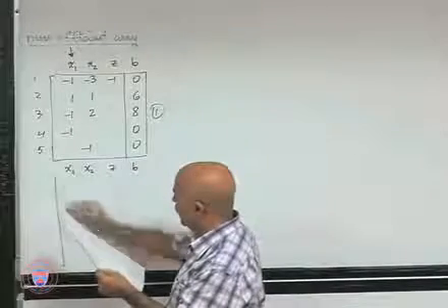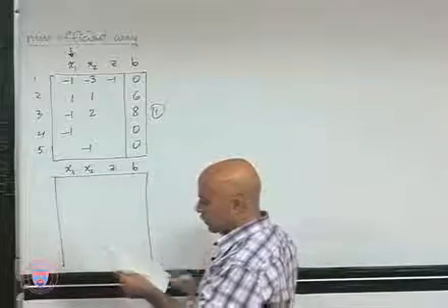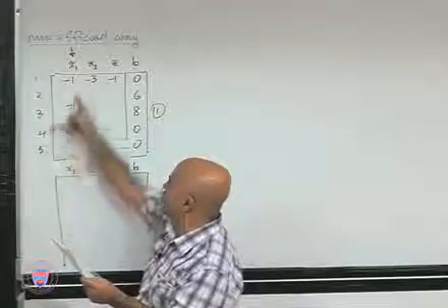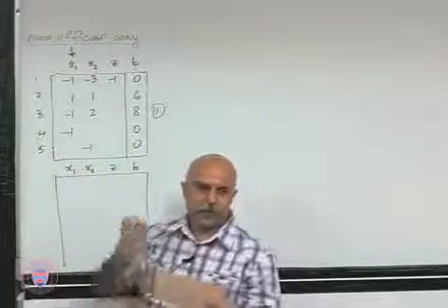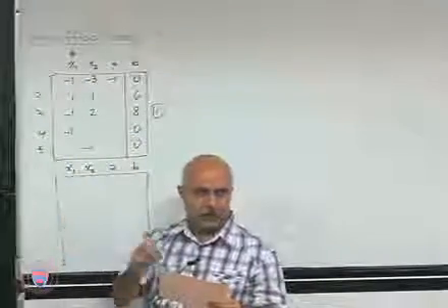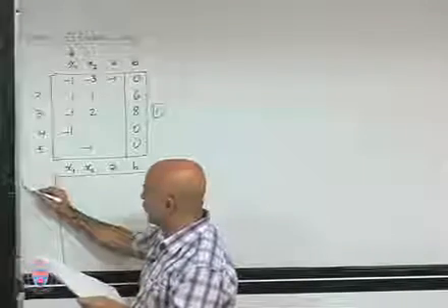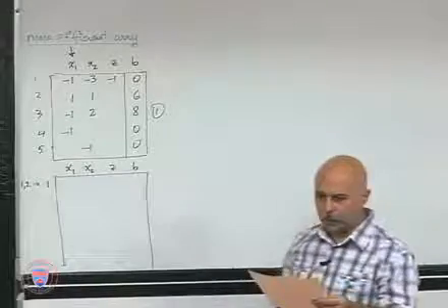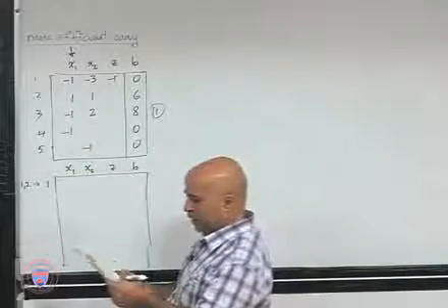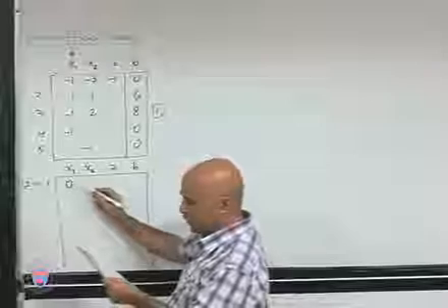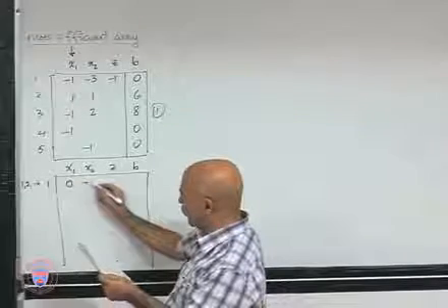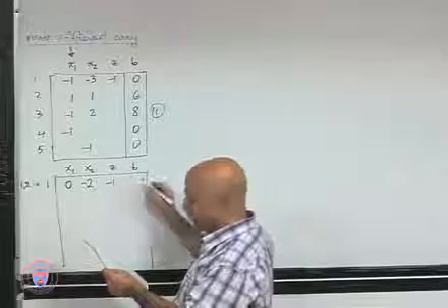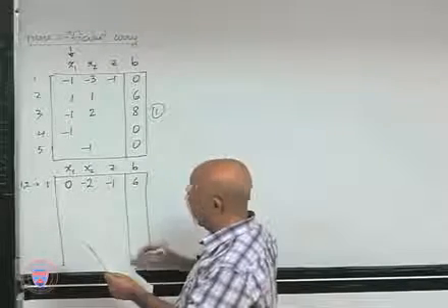When I pair up 1 and 2, negative and positive should be paired up. One is a lower bound, the other one is an upper bound. So 1 and 2 give me the new inequality 1, and that has 0 for x1. The eliminated variable always has a 0 coefficient, -2 and -1, and the right side is 6.